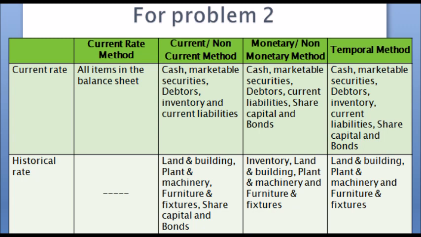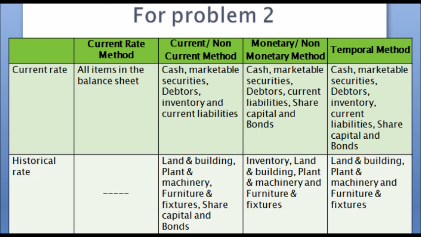In case of monetary non-monetary method, the monetary items will be all liabilities and current assets except inventories, that is cash, marketable securities, debtors, current liabilities, share capital and bonds.